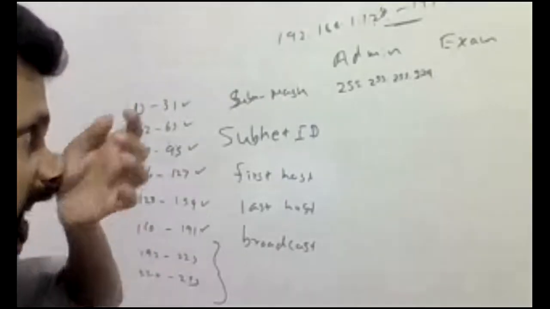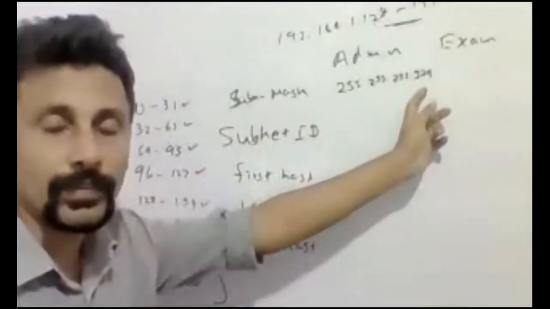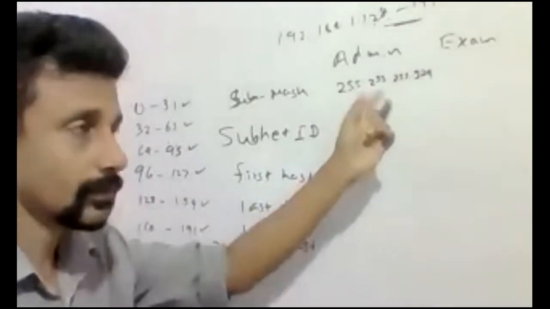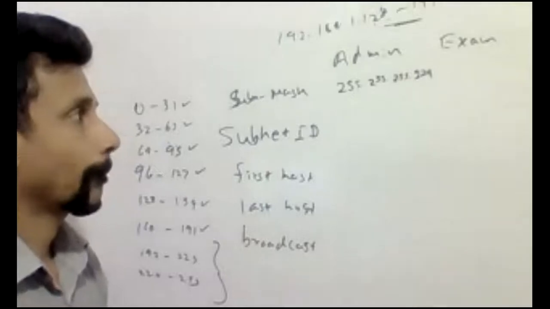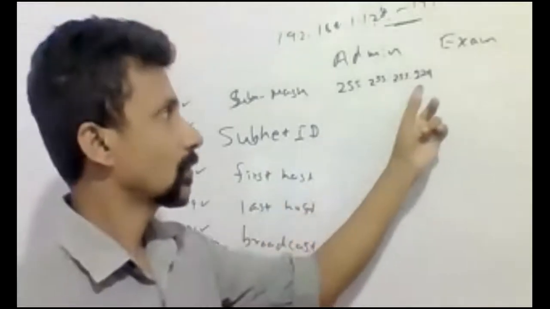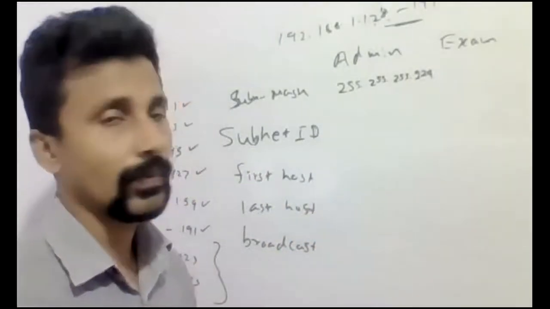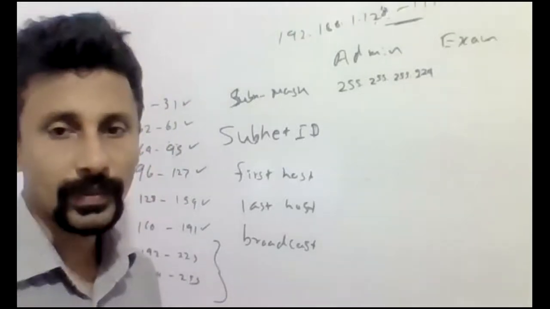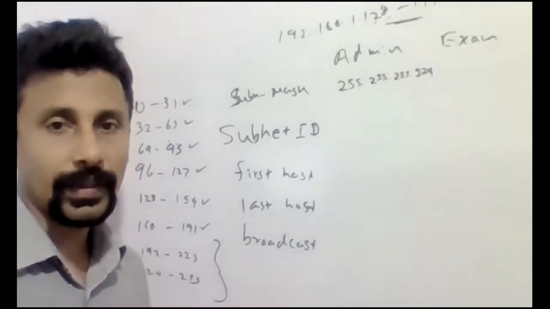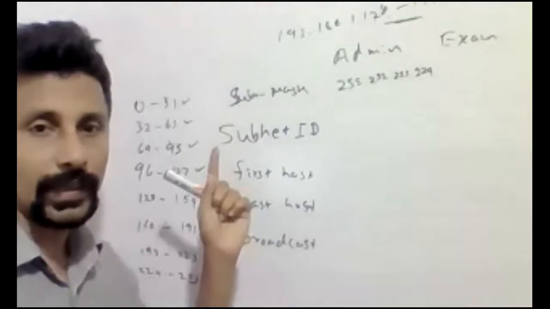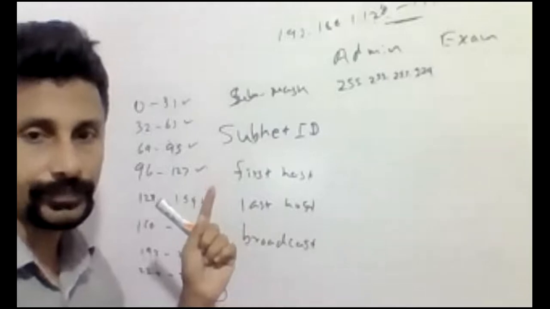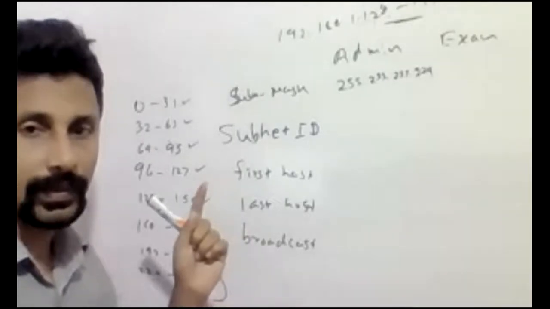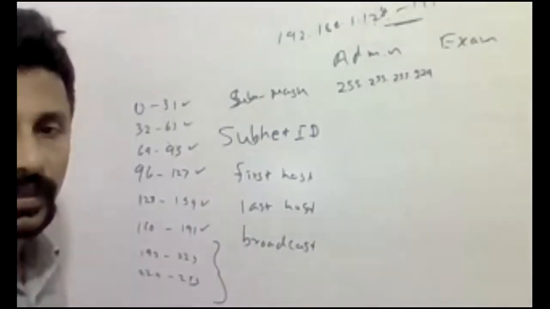So we have to take 3 bits, and your subnet mask is 224, right? So for our subnet ID, where do we have to start from?